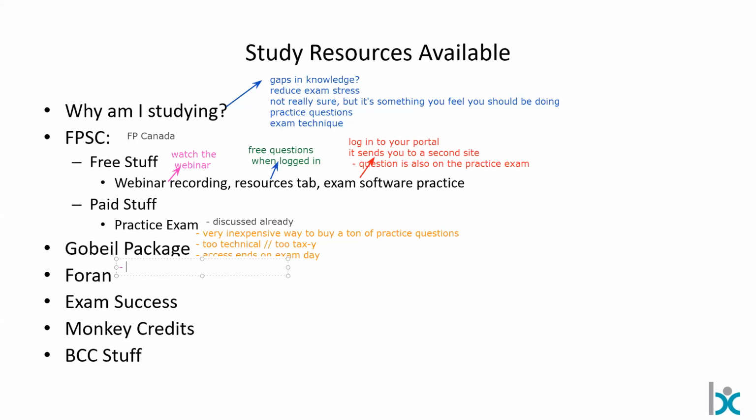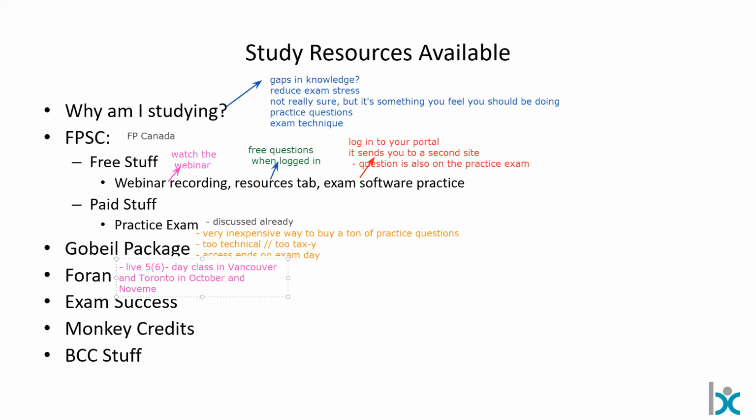Anyways, Foran, what they're best known for, they have a live class, a live 5 or kind of 6-day class. In Vancouver and Toronto in October, later in October and November.